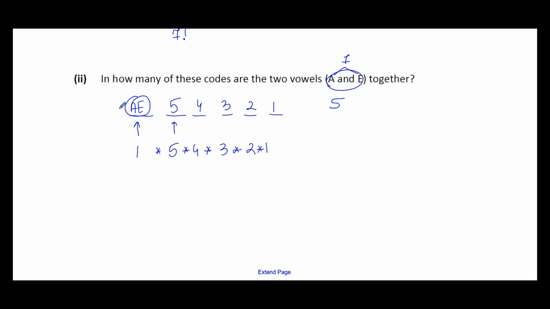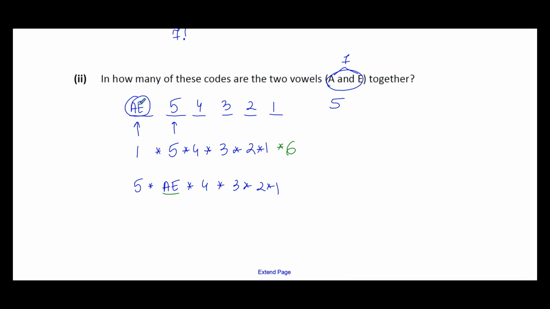The next line, let's say, would be that first I choose one of the 5, then I put my AE, then I have the 4, the 3, the 2, and 1. Just like that, I can move the AE from the first place all the way to the last. So there will be 6 options for where that AE can stand together.